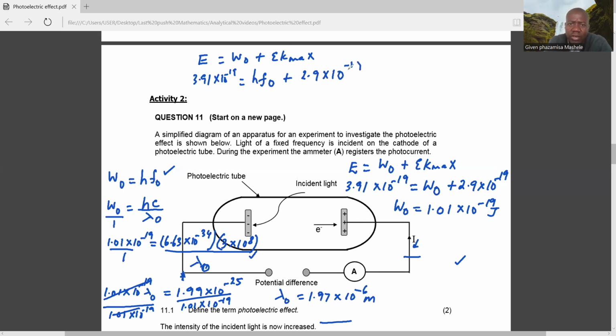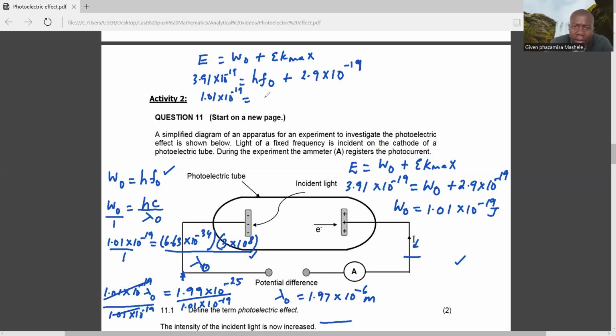So let's now calculate f naught rather than lambda naught. We transpose 2.9 times 10 to the power negative 19 to the left-hand side. It will still give us 1.01 times 10 to the power minus 19.